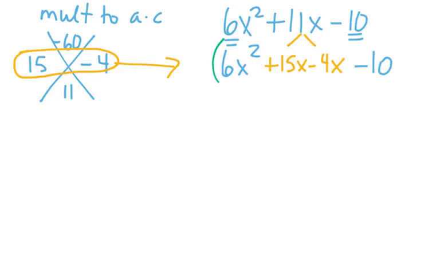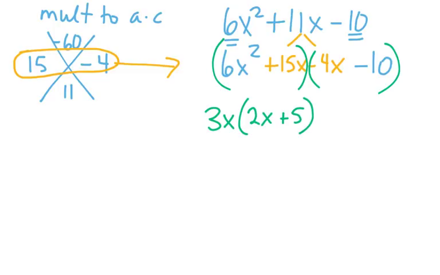Now I'm going to do some grouping, right? I'm going to factor out a 3x, and I'm left with 2x plus 5. And I think I'm going to factor out a negative here. So I'm going to try that, minus 2, and I end up with 2x plus 5.